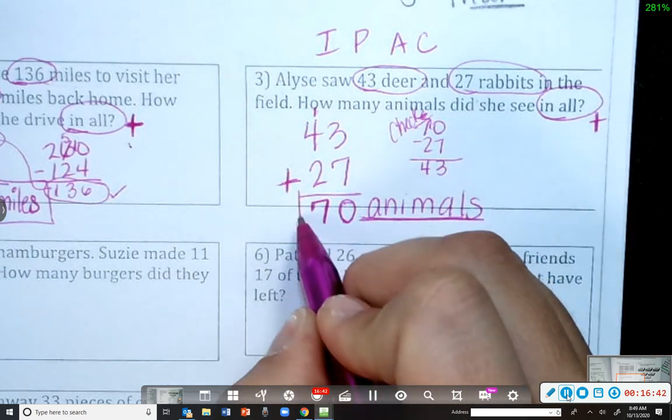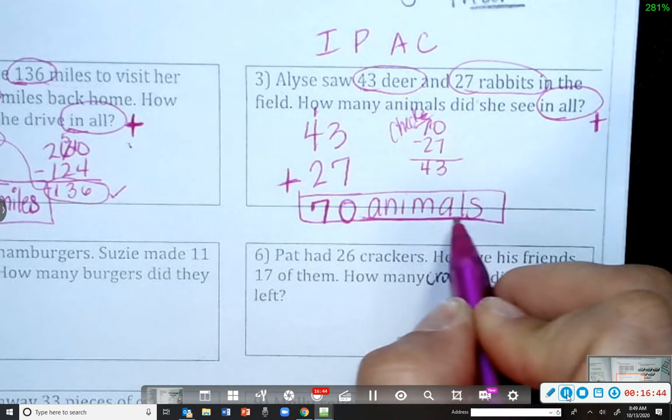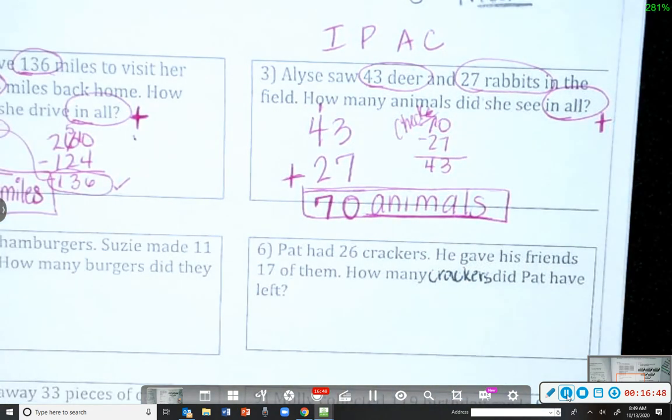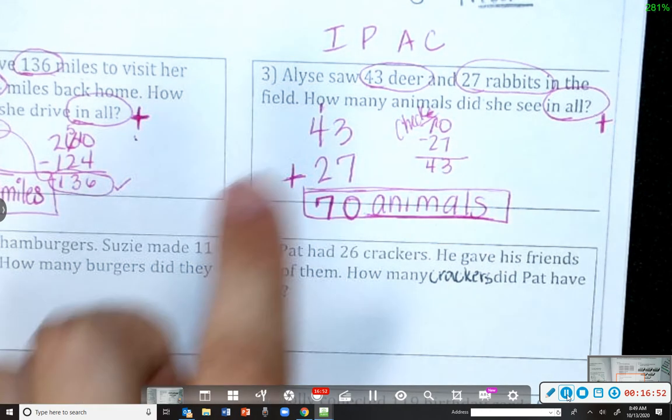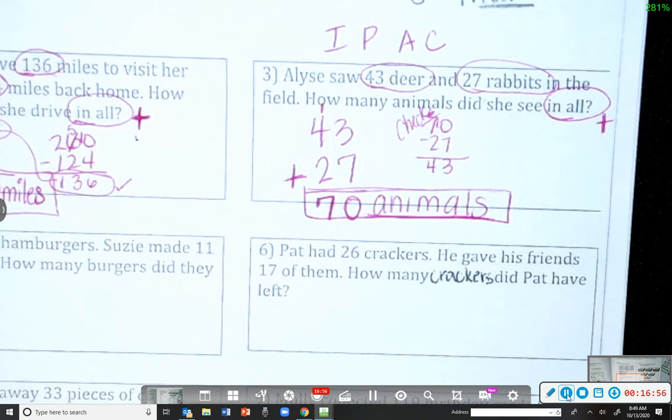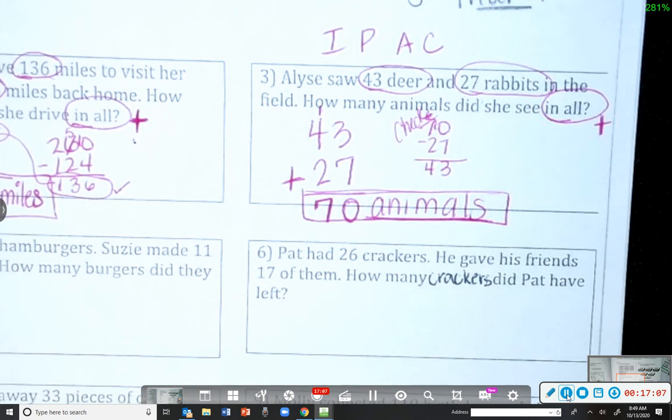How many animals? So 70 animals. And the only reason I like to go ahead and label is because that makes you have to go back and check one more time that you're answering the question. How many animals? 70 animals.